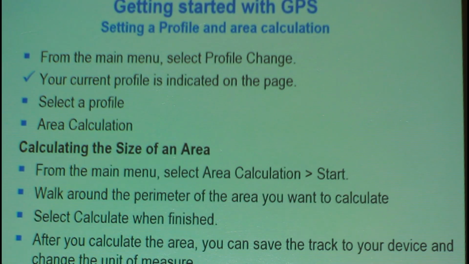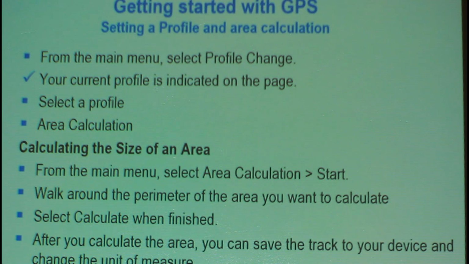And of course, calculating the area, as I've said: if you want to calculate the area, from the main menu you look for the profiles and select area calculation. Once you select area calculation, the next screen displays 'begin'.